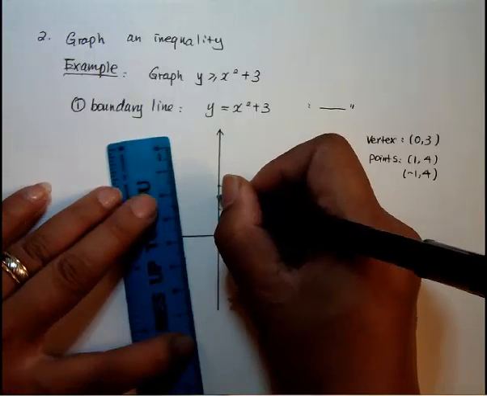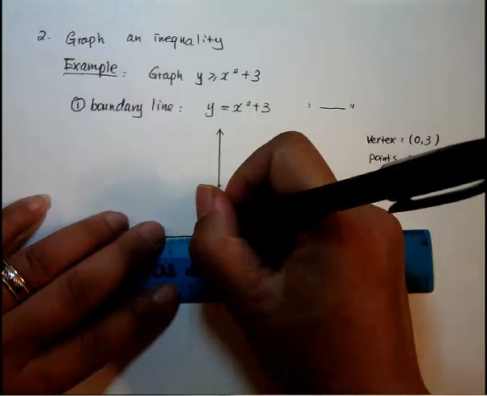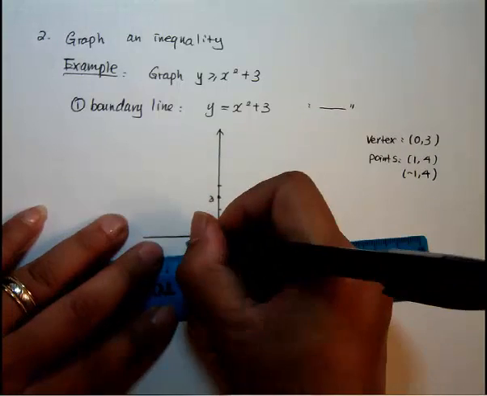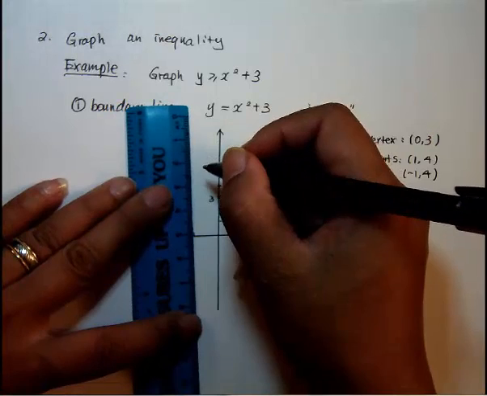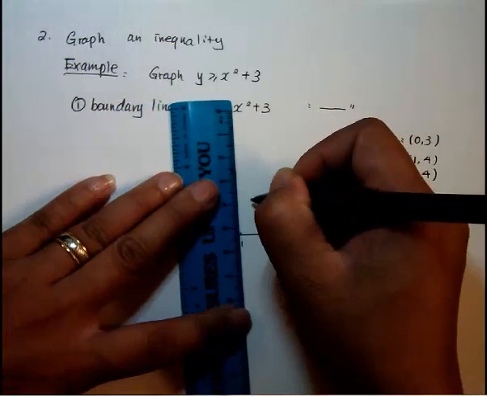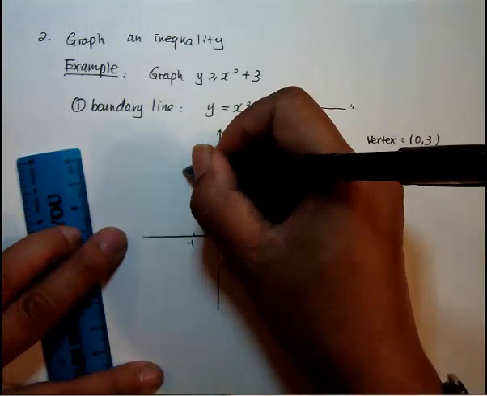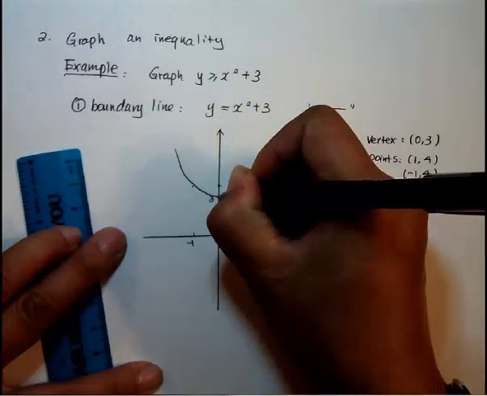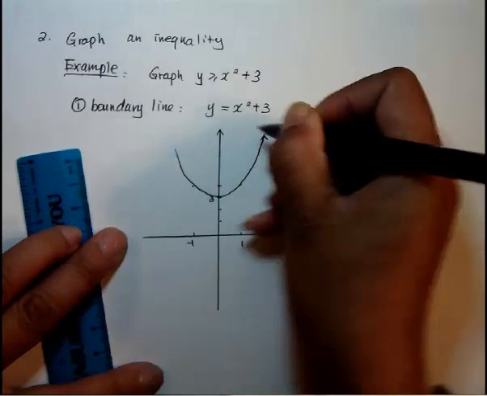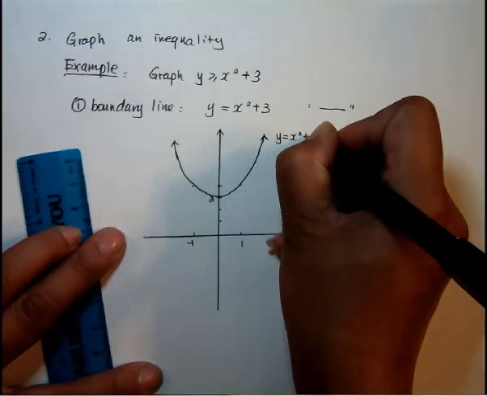Connect those points. Your parabola opens upward because the leading coefficient is positive. Solid line. So y equals x squared plus 3.